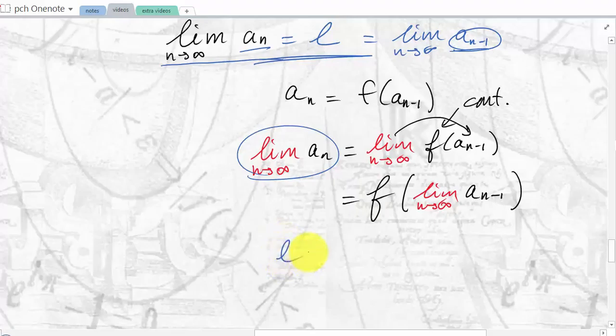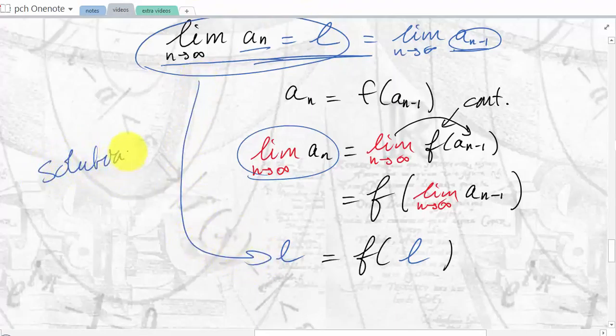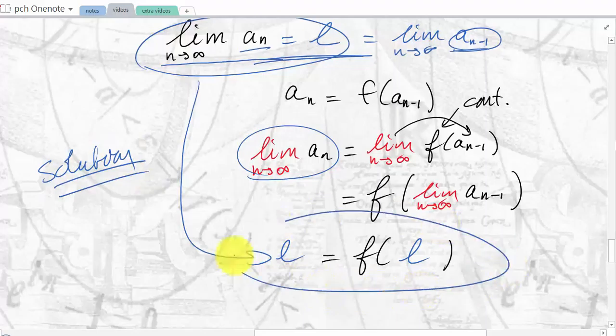You have L. What do you have on the right side? You have f of, and then what is that? Well, that's L. So, if this limit exists, it is a solution of the equation L equals f of L. So you solve this equation and you find the limit of the sequence.